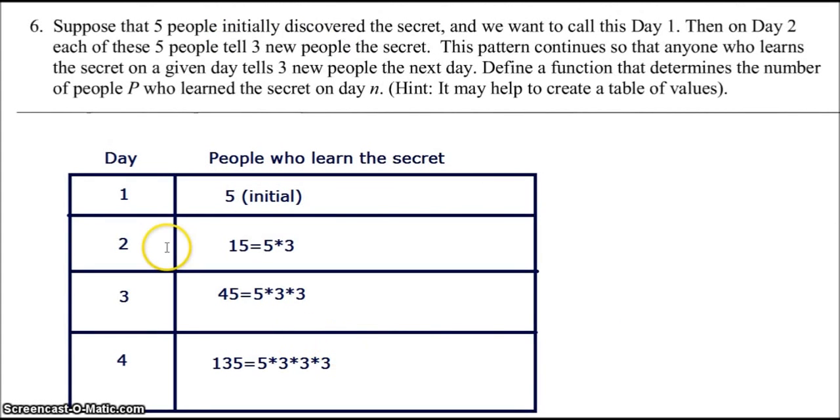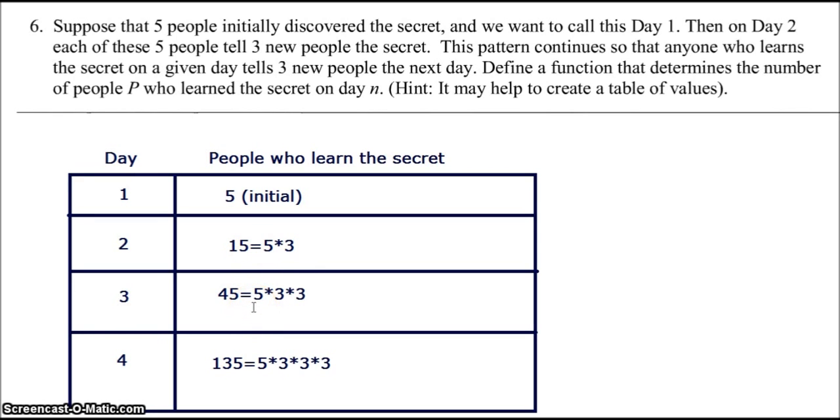So I've made a bit of a table here. This column is the day, and here in this column we have people who learned the secret. On day 1 we have 5 people who already knew the secret, and then they each told 3 people, so 5 times 3 would be 15 people who learned the secret on day 2.